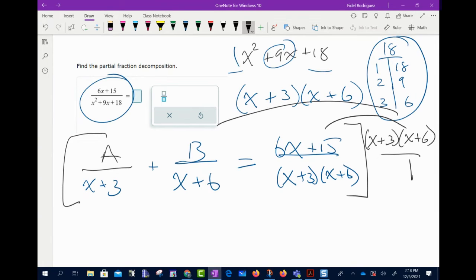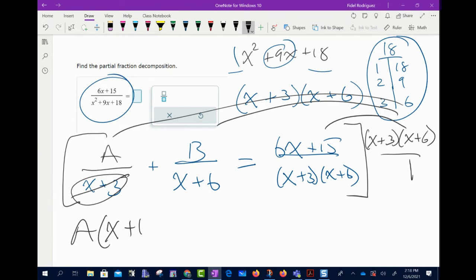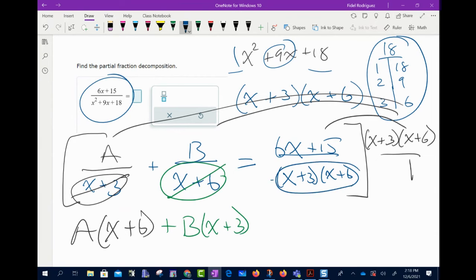Okay, and you go 1, 2, 3. So the first time we do it, the x plus 3's are going to cancel. So we're going to have A and x plus 6. The second time we do this, the x plus 6's are going to cancel. So we're going to have B and x plus 3. And then the third time, both of these guys are going to cancel with those there, and that's going to be equal to 6x plus 15.